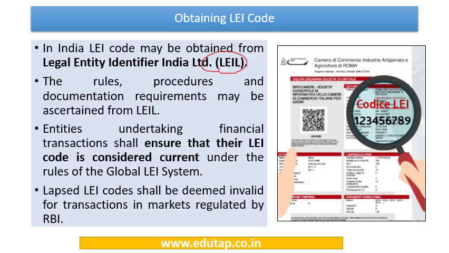The rules, procedure and documentation requirements for obtaining this LEI code, you must ascertain from this Legal Entity Identifier India Limited. And the entities which are undertaking financial transactions must ensure that their code is current under the rules of the global system. If their code has lapsed, then it is going to be an invalid code, and they must obtain a fresh code, or they must get their codes renewed.